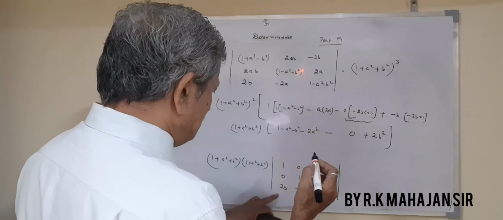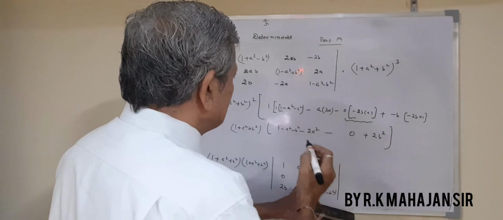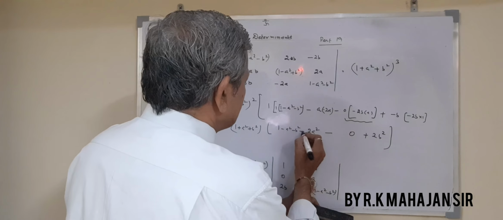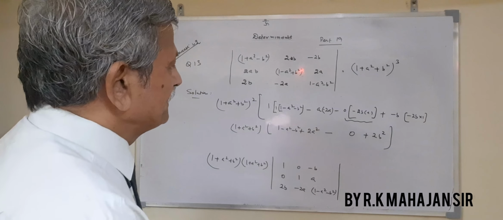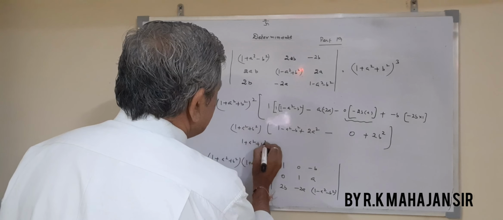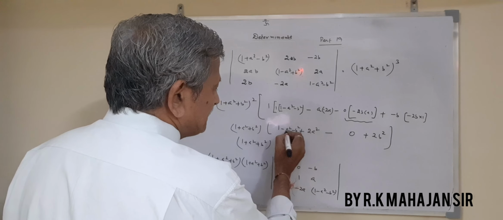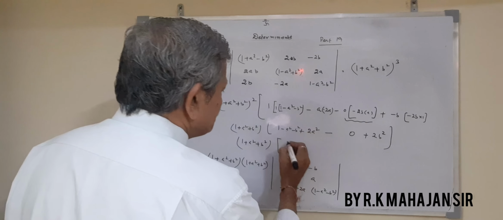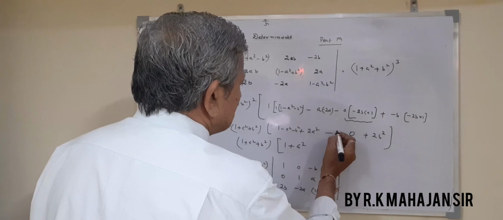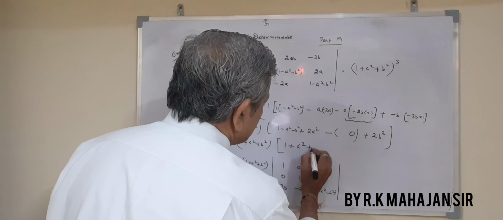So a into a, you cut this, so this will be minus 2a into a, so minus sign will be this part, so minus sign is already there. So this gives you 2a square, this is minus sign. So you will be left with 1 plus a square plus b square, and here you would find 2a square is positive, a square is negative, so this gives you 1 plus a square, and 2b square is positive, and b square is negative, so again b square is left.